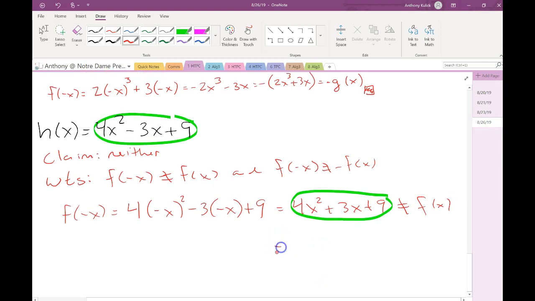Next, what I'm going to do is factor a negative 1 out of this. And I notice that this piece is different. So I know that this is not equal to negative h of x.